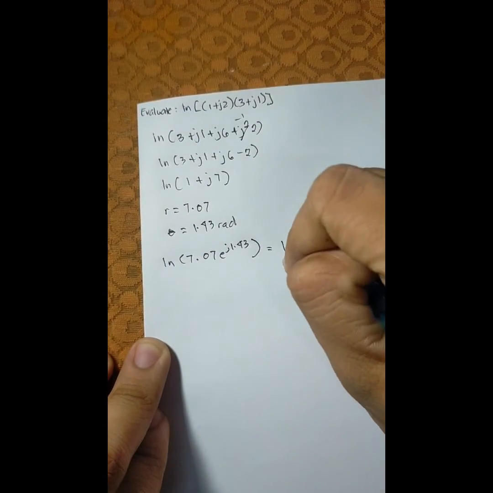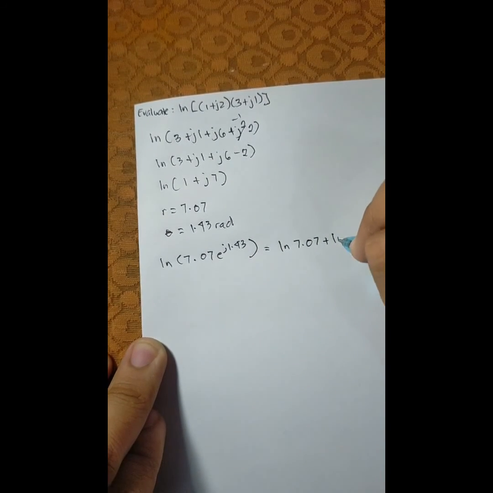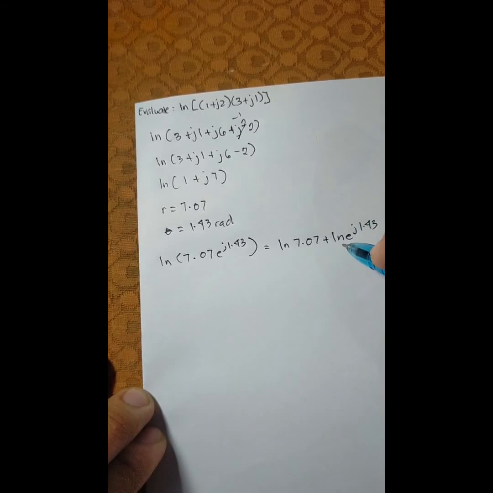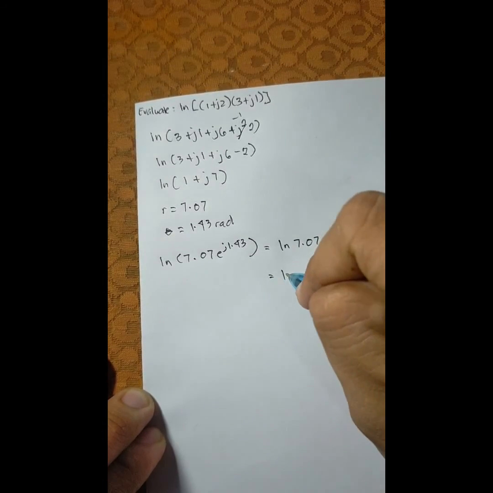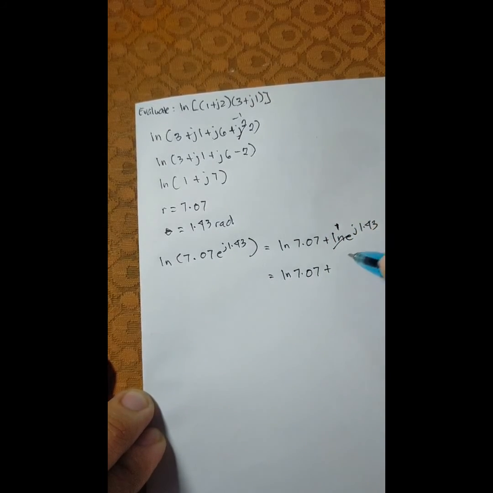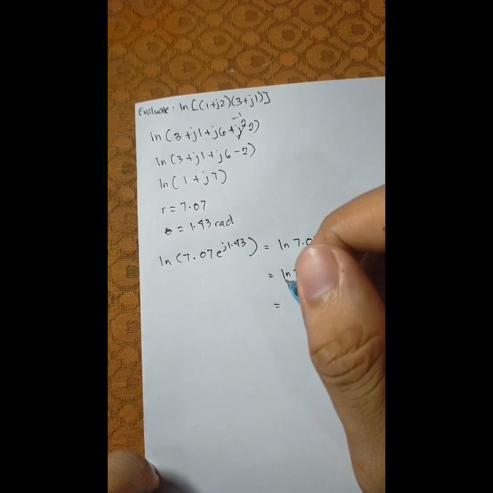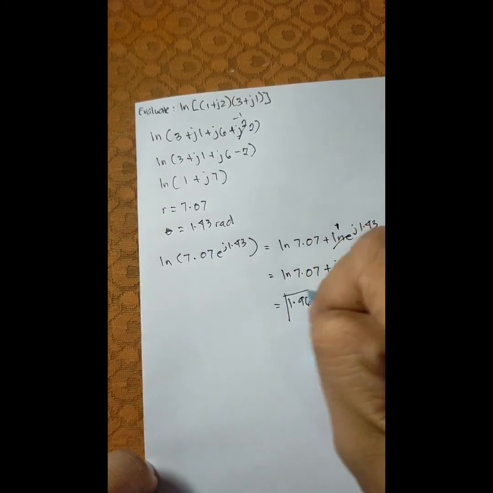It will become ln 7.07 plus ln e raised to j1.43. So because ln e is equal to 1, this will become ln 7.07 plus j1.43. And using our calculator, the answer is 1.96 plus j1.43, and this is our final answer.